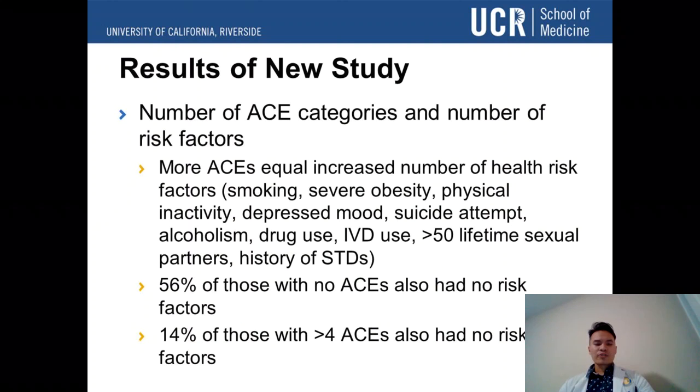Continuing discussing the results of the new study, as far as the number of ACE categories and number of risk factors, we found that more ACEs equal an increased number of health risk factors. We talked about a lot of these before. 56% of those with no ACEs also had no risk factors, and 14% of those with greater than 4 ACEs also had no risk factors. So it's interesting the way that works.